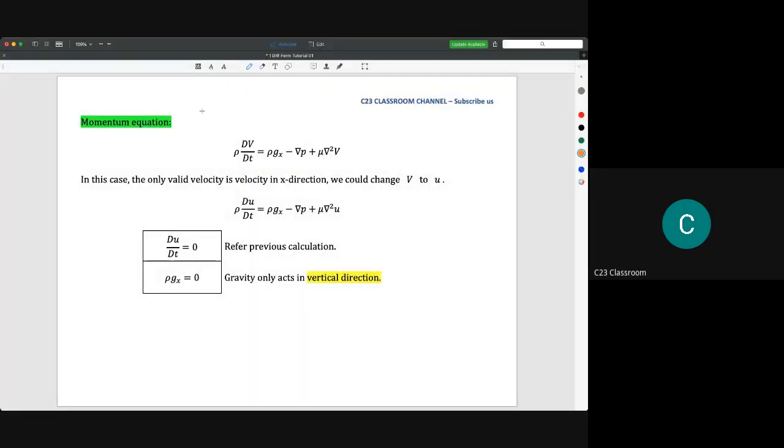Okay, because we are focusing on x direction only, it is okay for us to change the value of V here. Capital V means the resultant of velocity. So the capital V here includes the u plus v plus w in terms of vector.